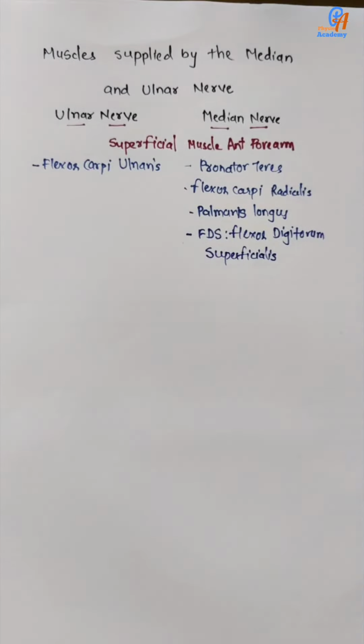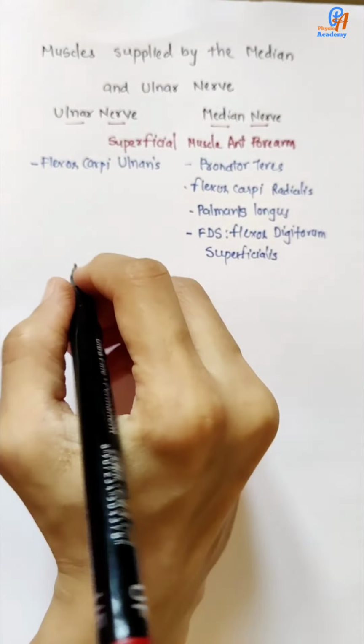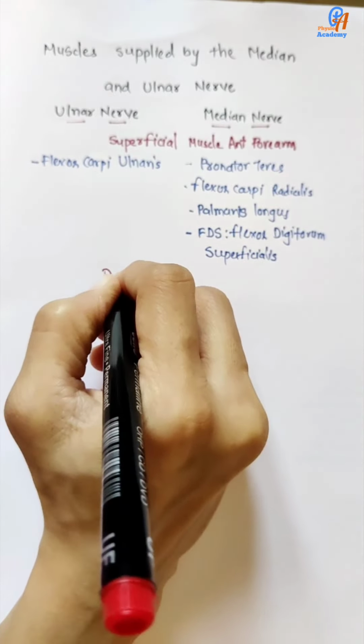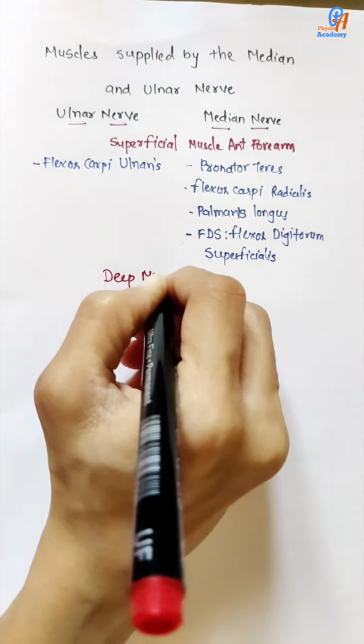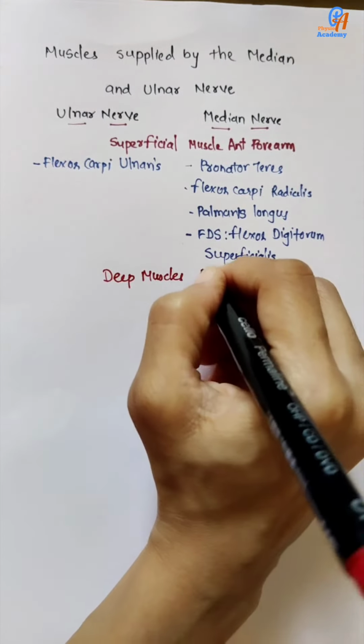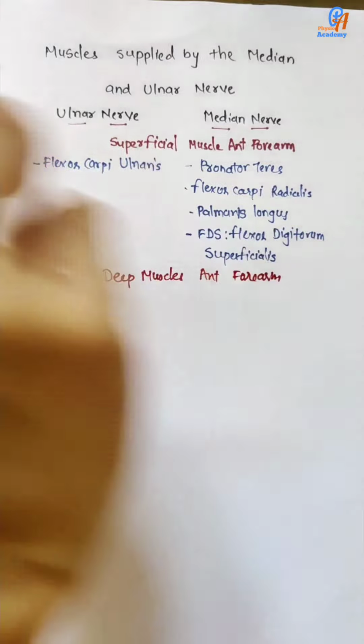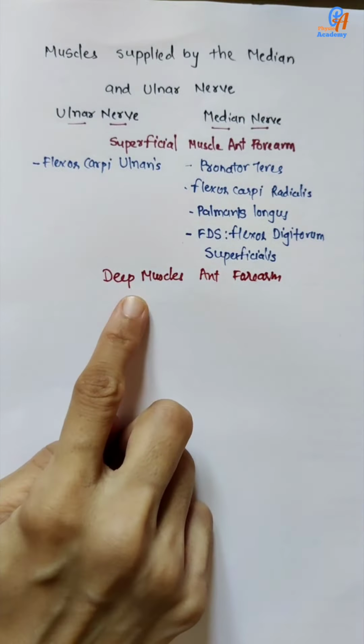Now comes the deep muscles of the anterior compartment of the forearm. There are mainly 3 muscles in the deep compartment.